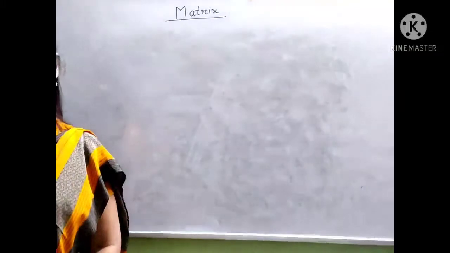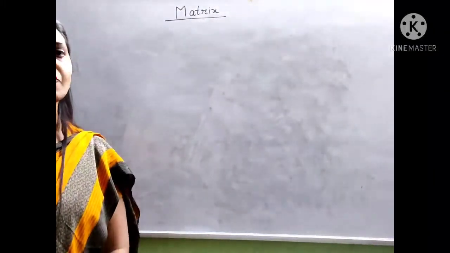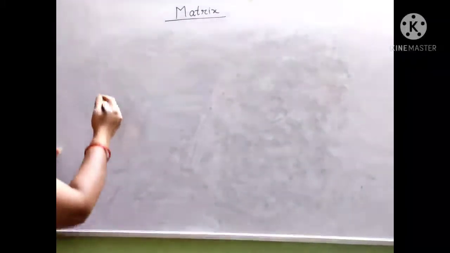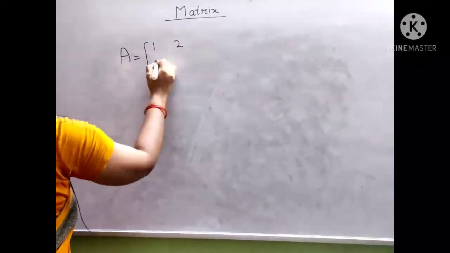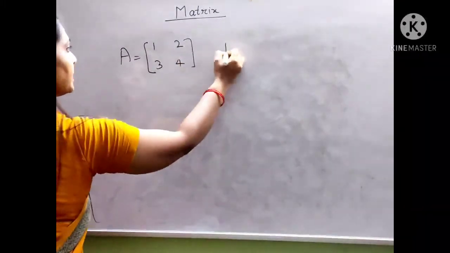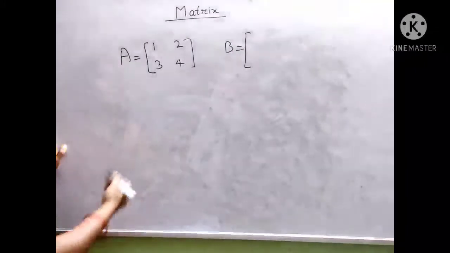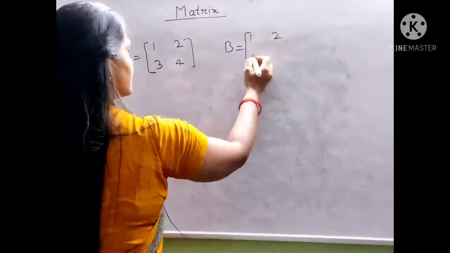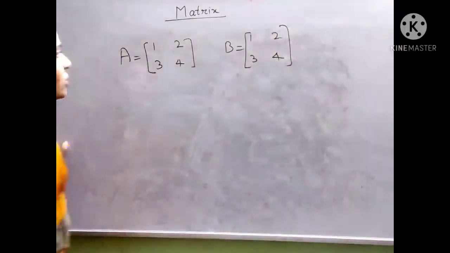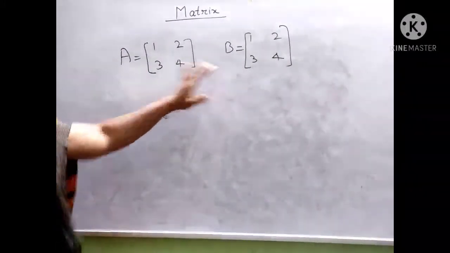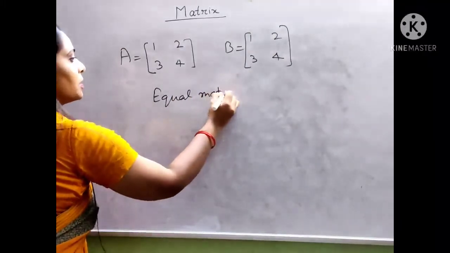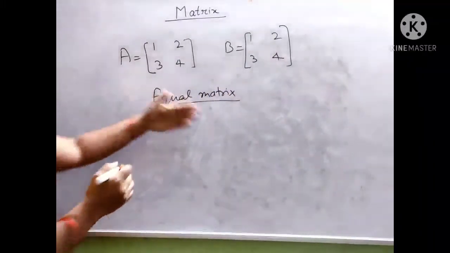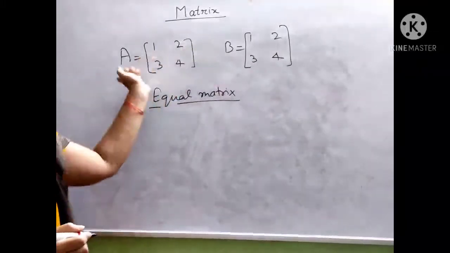Now the last topic is equality of matrices. Two matrices are said to be equal. I am taking as an example a matrix A having the elements shown and B having the elements shown. So here A and B are called equal matrices. What is the reason to say that the given matrices are equal?